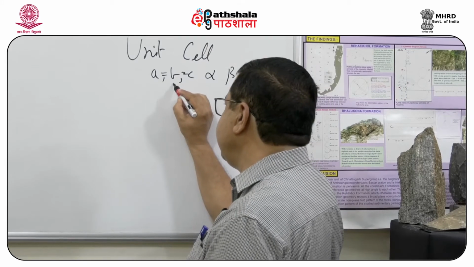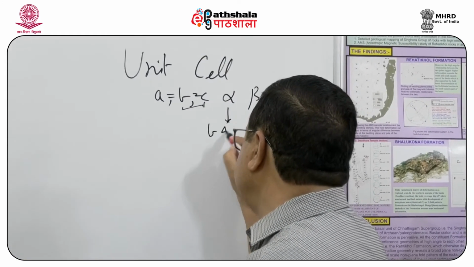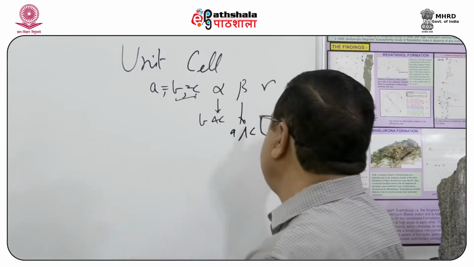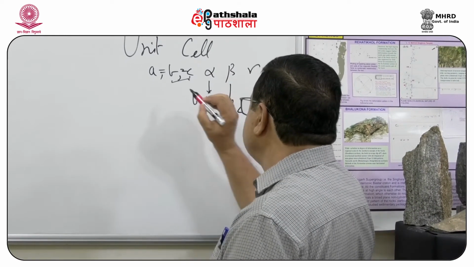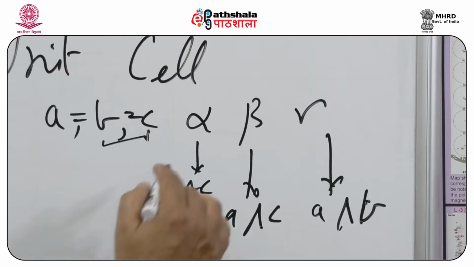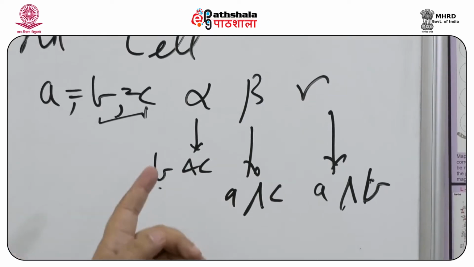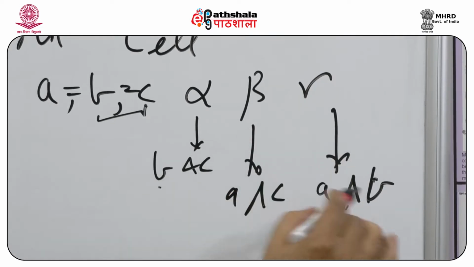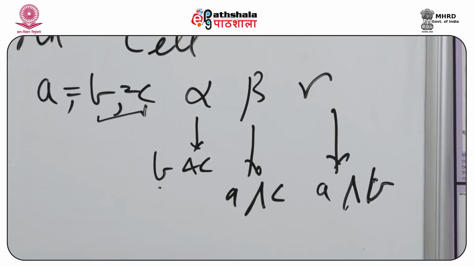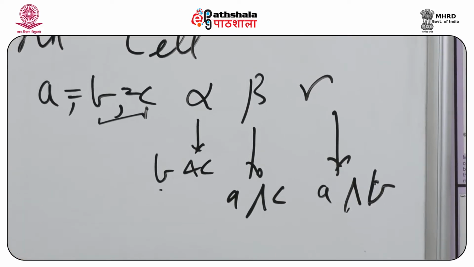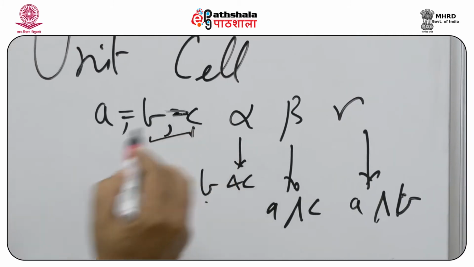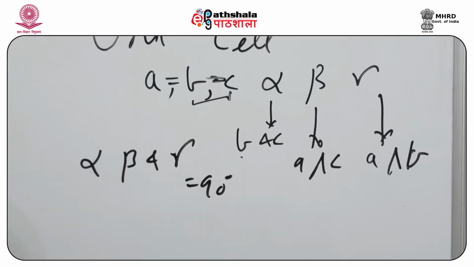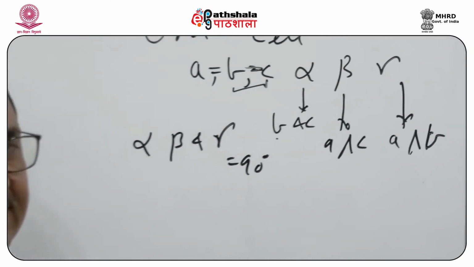Alpha is the angle between the B and C crystallographic axes, beta is between A and C, and gamma is between A and B. Now, in the cubic or isometric system, A is equal to B is equal to C, and alpha, beta and gamma are 90 degrees. So, this is one type of unit cell.